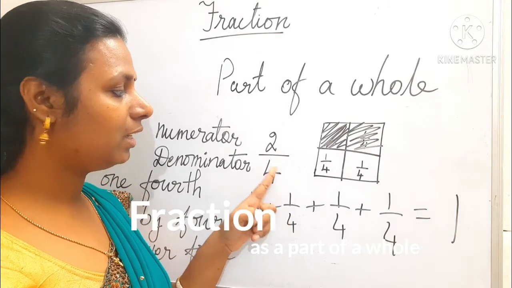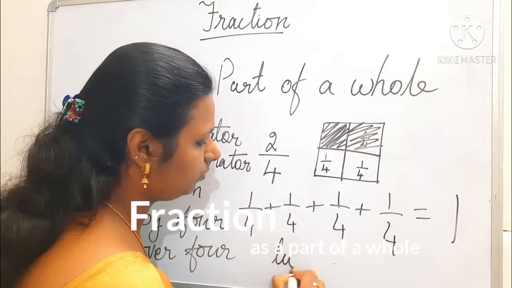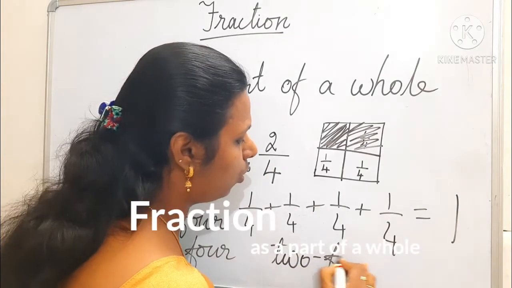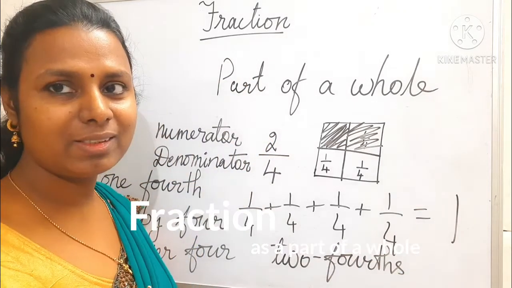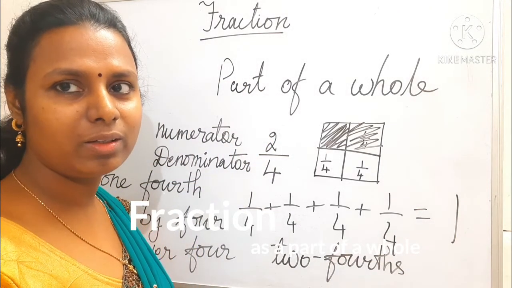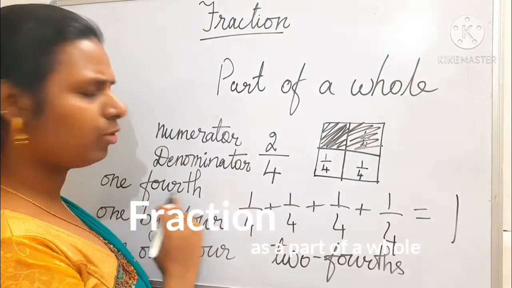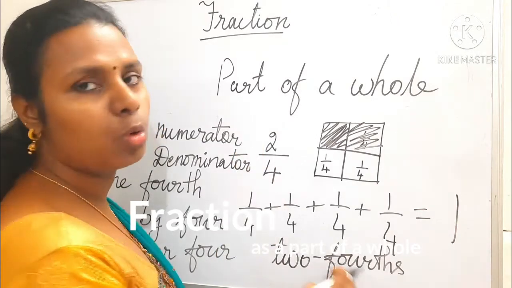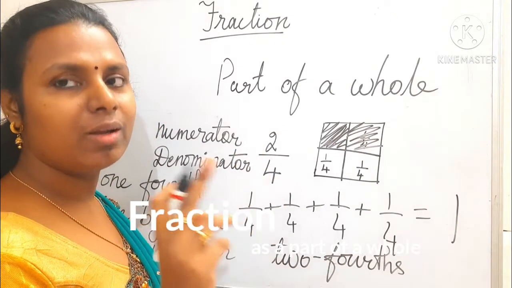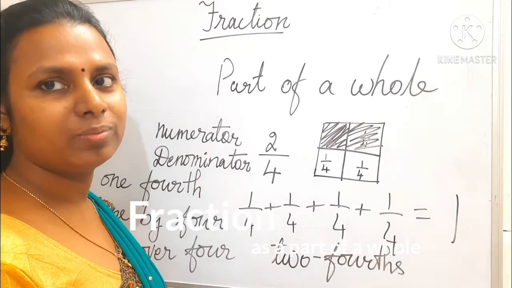Here we are going to read 2/4, two fourths. More than 1 is plural, isn't it? So for 1 we say one fourth, and for more than 1 we say 2/4, 3/4, 4/4. 4/4 is actually a whole, isn't it?